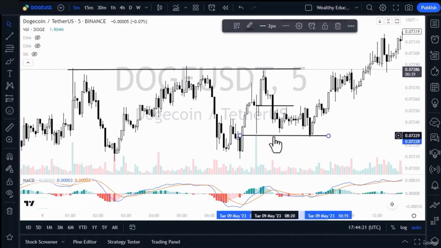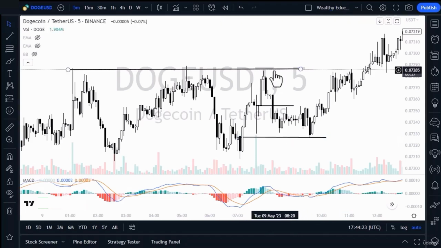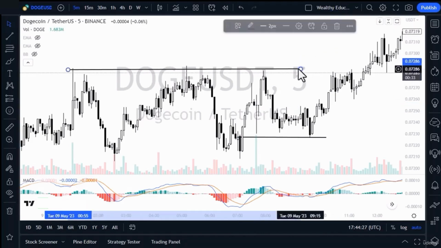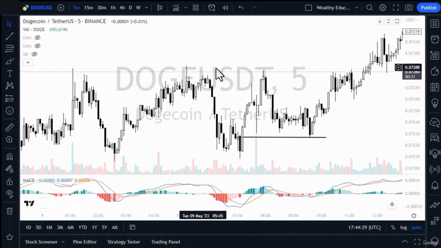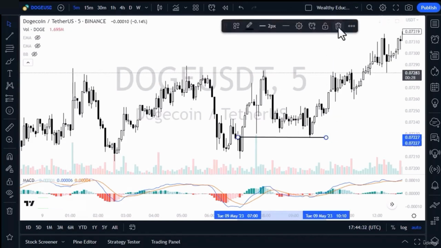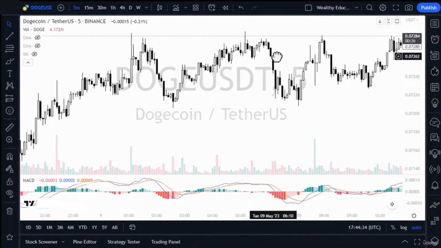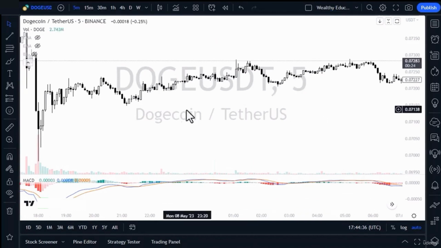About a 1-to-1 risk to reward ratio, give or take a few ticks. Not the greatest ratio, but I like the fact that it was such an obvious place of resistance. I might have taken that one.